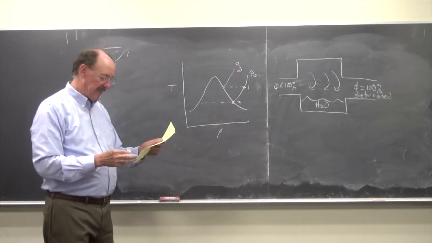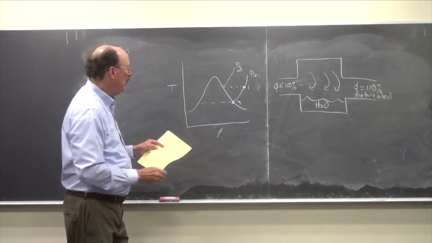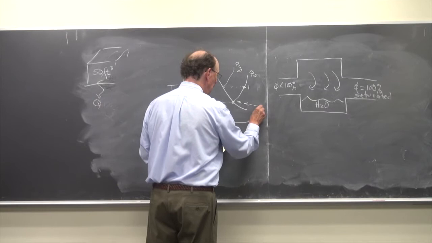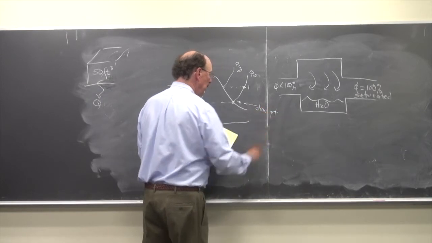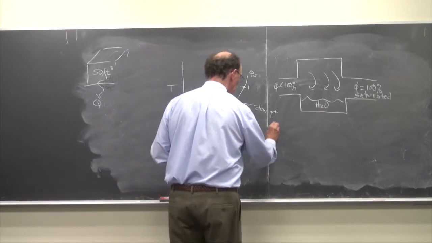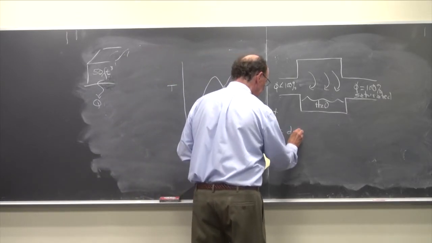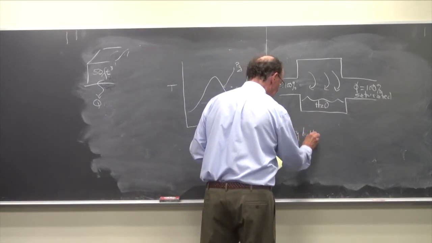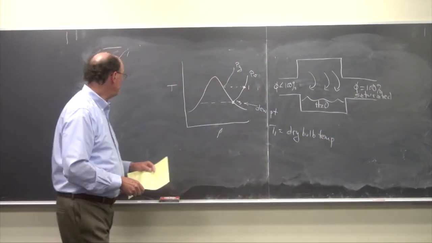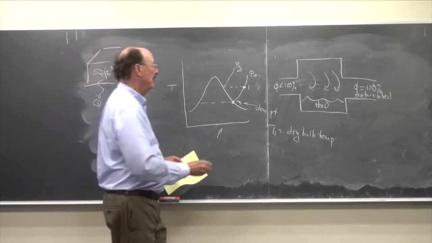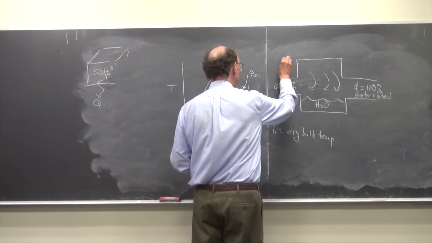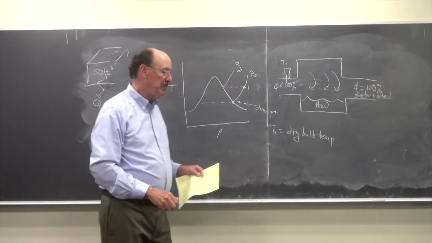We know that this is the dew point. T1 is the dry bulb temperature. If I just put a regular thermometer in here and measure the temperature, that would be T1.